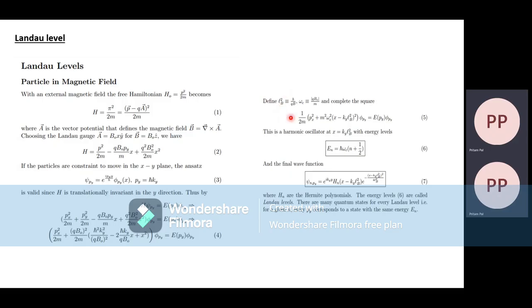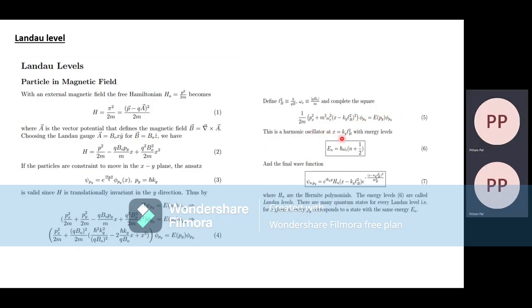So now define lB squared equals h cut by q B naught, and omega c will be mod of q B naught by m, and complete the square basically. So whatever you got from here, you just do the calculation. So this is basically a harmonic oscillator, right? If you rewrite all these things, from the energy eigenvalue equation, you ultimately get some sort of harmonic oscillator energy eigenvalue equation, right?